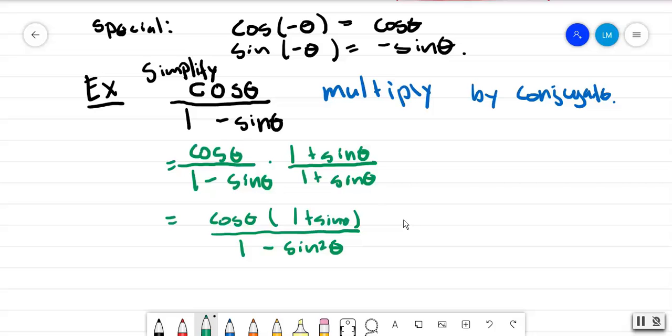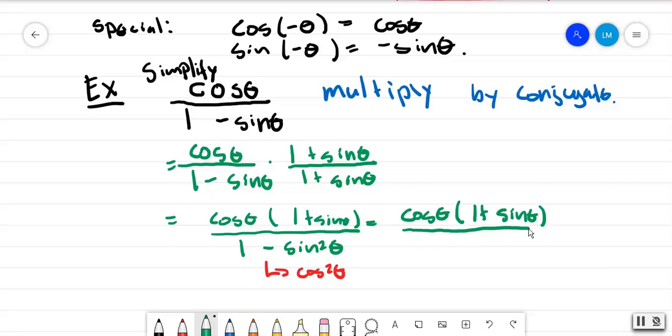Now, there is an identity that will replace 1 minus sine squared theta. That's actually cosine squared theta. So that means you're going to have cosine of theta multiplied by 1 plus sine theta, all divided by cosine squared. Now, interestingly enough, the properties of exponents say that one of these will cancel out.